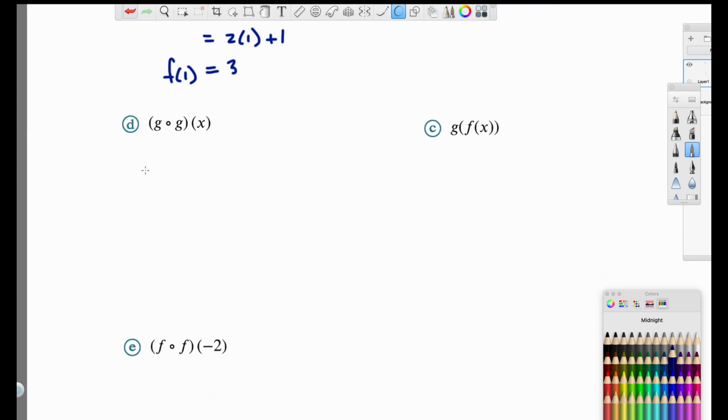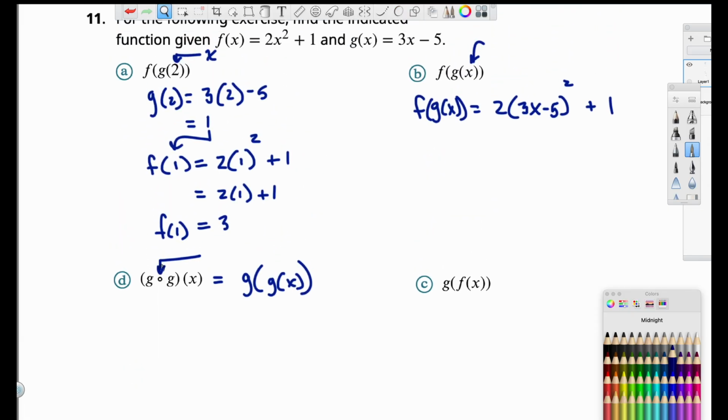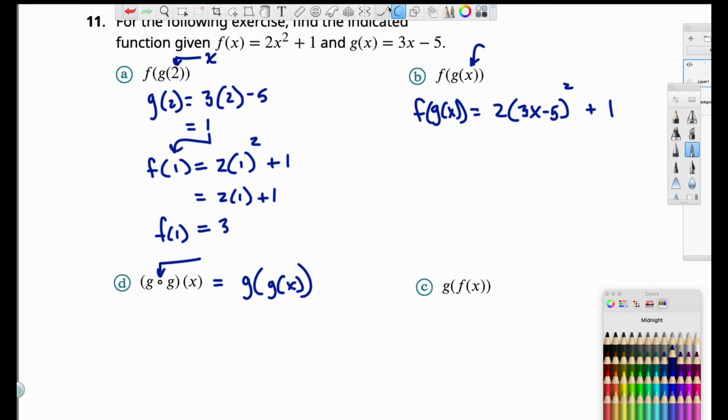Okay, now we're seeing this composition of functions right here. So g of g of x. This means we can write it like this. G of g of x. All right, so what is g of x? So g of x means we're going to take 3, instead of x, I'm going to leave that in parentheses.